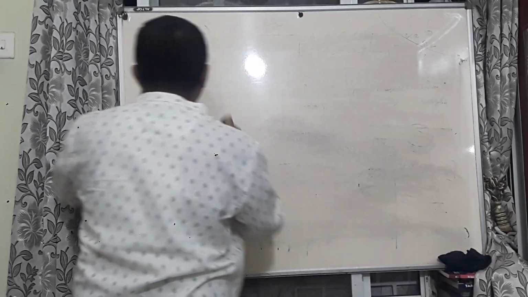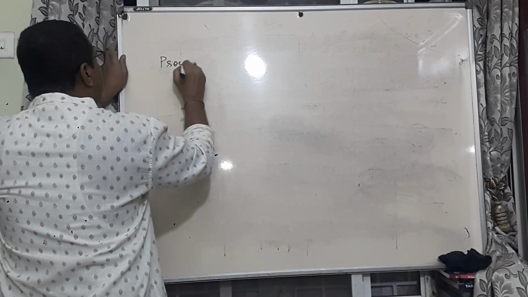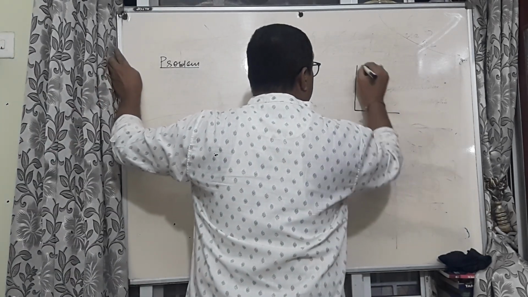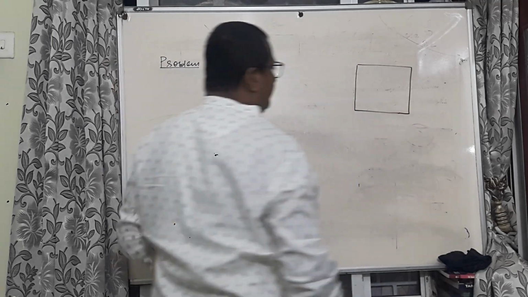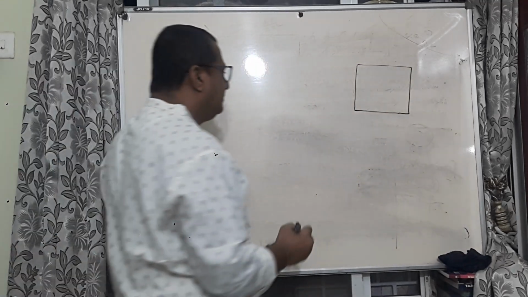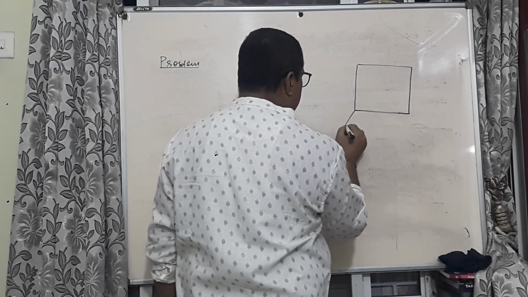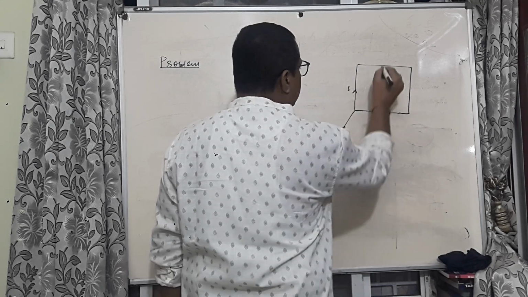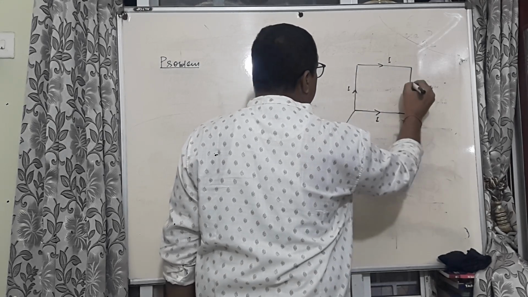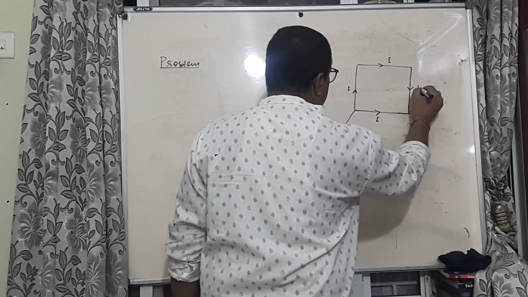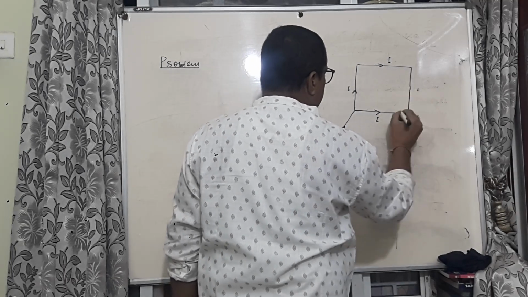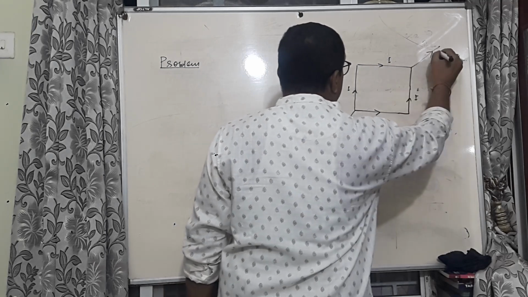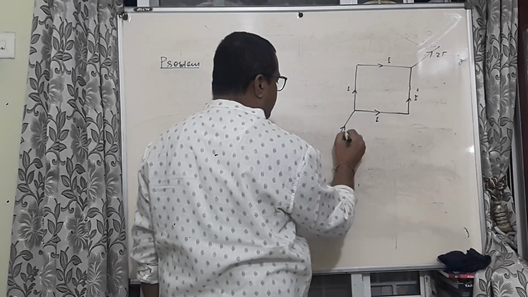Suppose that there is a square, this is the square, and current is flowing. Here current is flowing I, here is also I, this is I, this is I, and from here 2I is coming out, here 2I is entering.